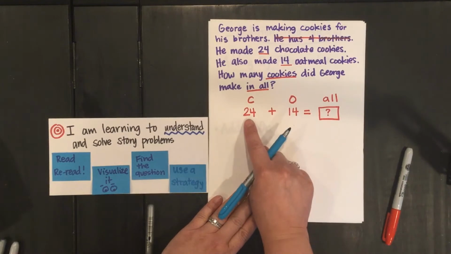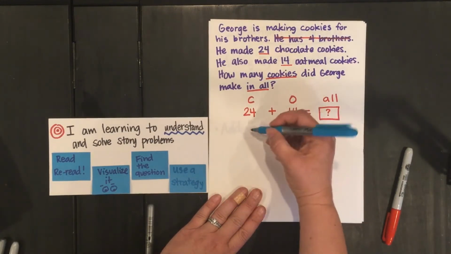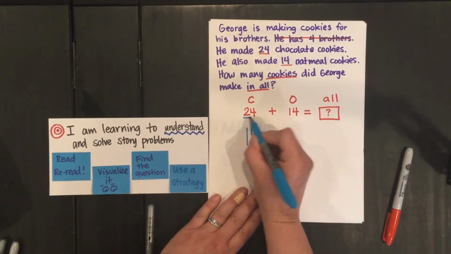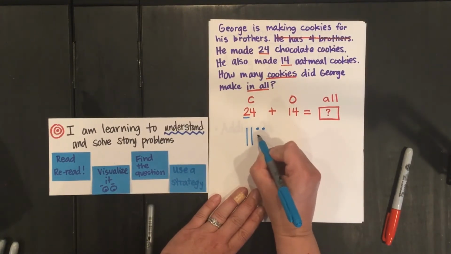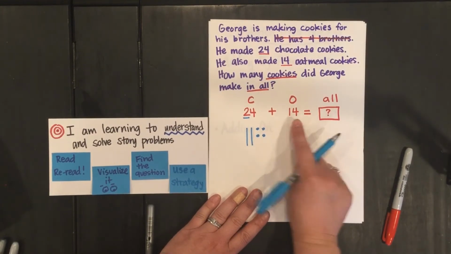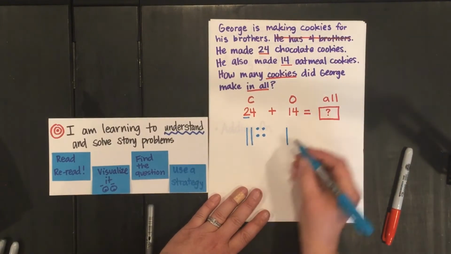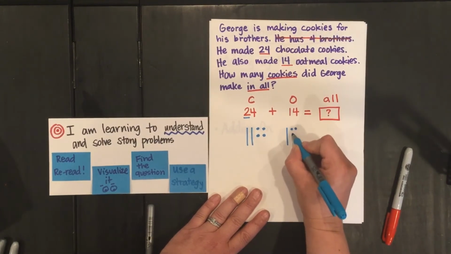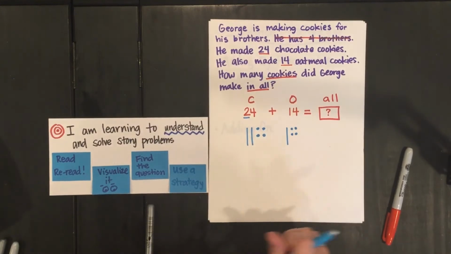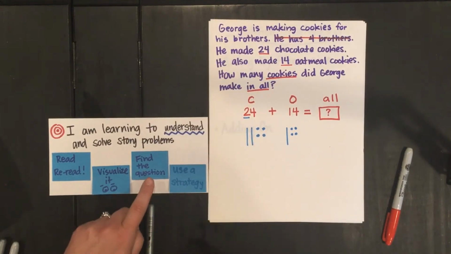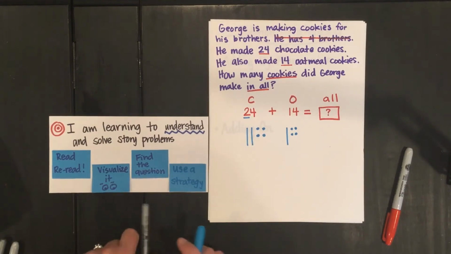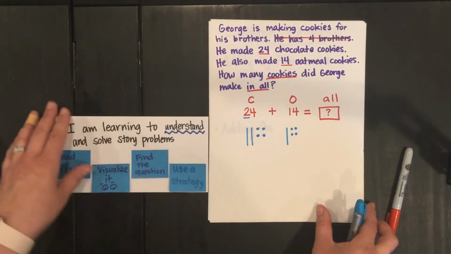And when I look at this 2-digit number of 24, I can draw that with 2 groups of 10, 10, 20, and the 4 ones. I can draw the oatmeal cookies in a place value picture with 1 group of 10, and look at that, 4 ones. I'm noticing a double. Now that I have my place value picture, I found my question, I'm ready for the step of using a strategy to solve this problem.